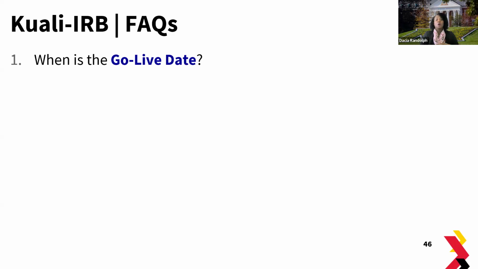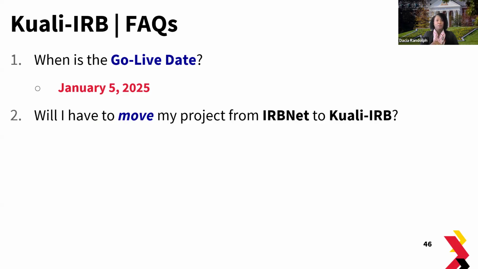So again, when is the go live date? The go live date will be January the 5th. I said 2025, it's actually 2026. But that's the tentative rollout date. I would not be surprised if this date gets pushed back a week, but right now, that is the tentative go live date, January the 5th, 2026.